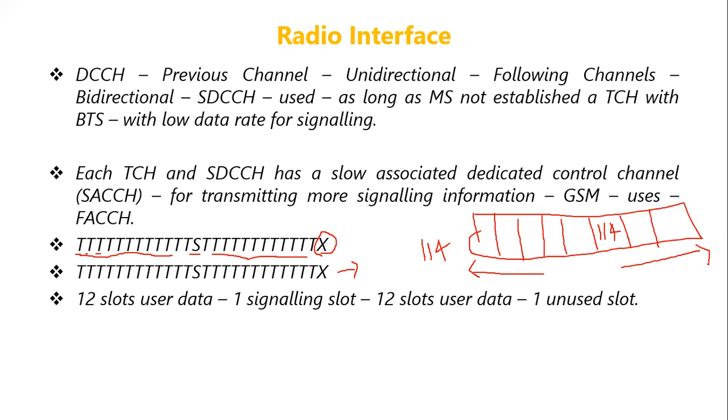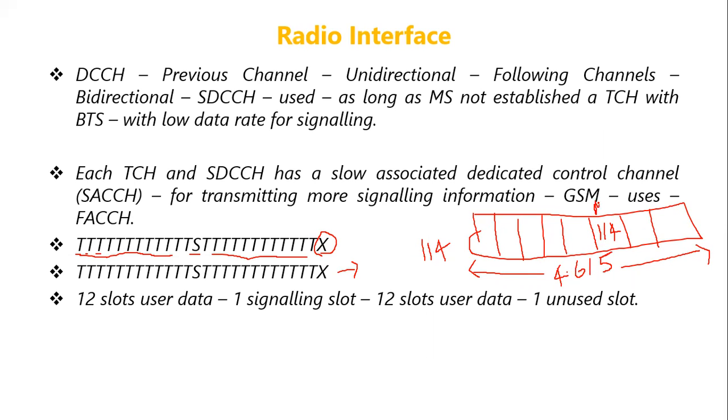One frame duration is 4.615 milliseconds. Now we want to calculate the data rate per second for one mobile station.